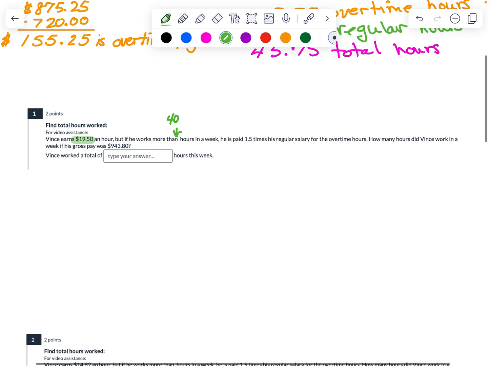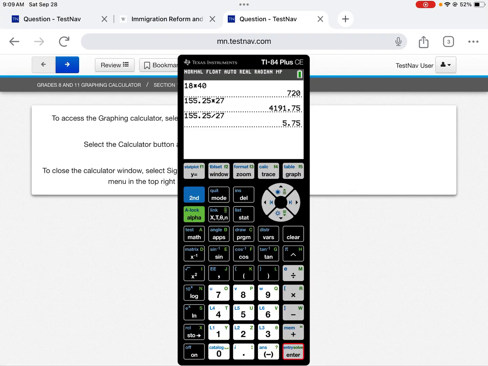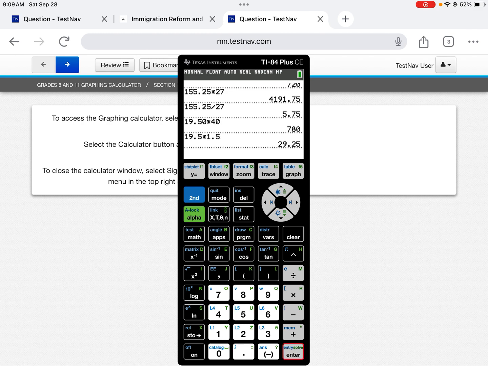So we're going to take $19.50 times 40. So $19.50 times 40 is $780.